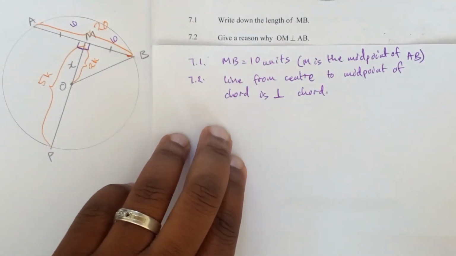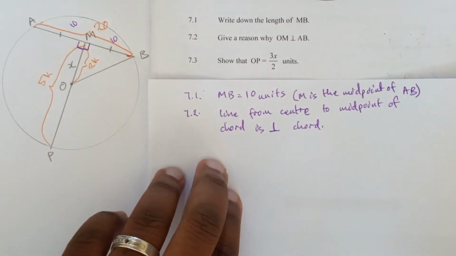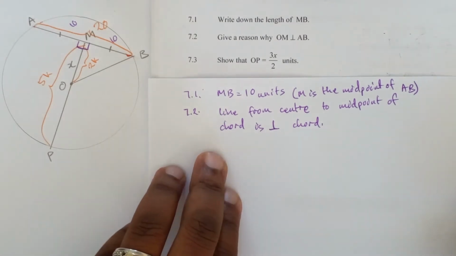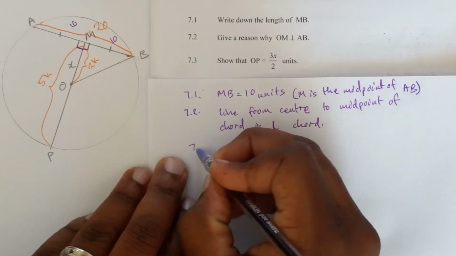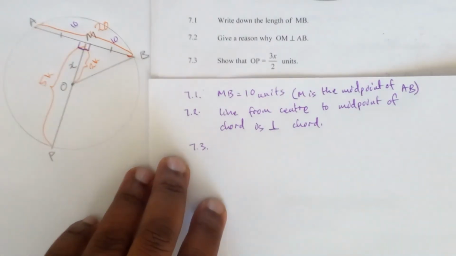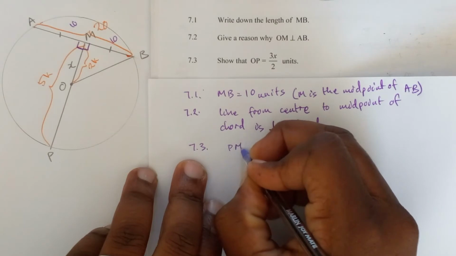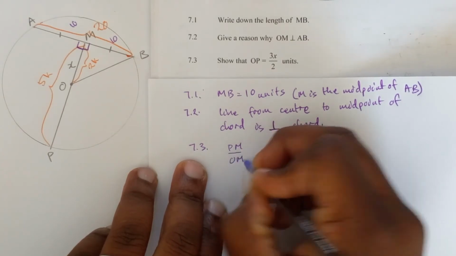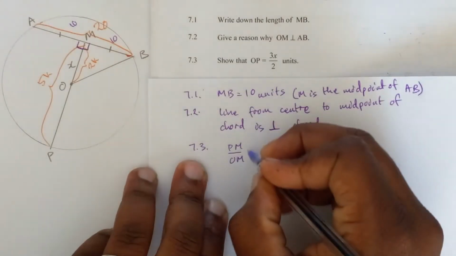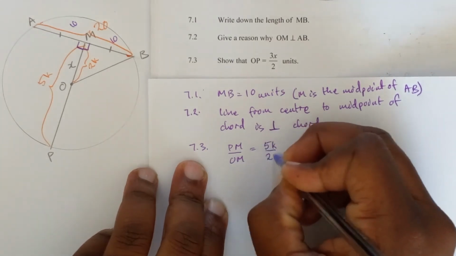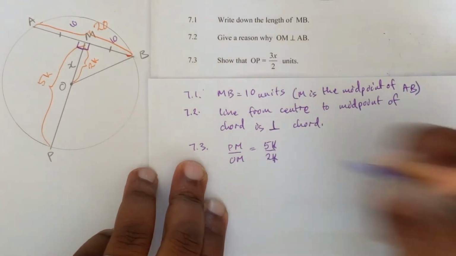Next question. Now we must show that OP is equal to 3x over 2 units. To do that, what is the ratio of PM to OM? Remember we said 5k over 2k. I can just cancel the k's out if you want.